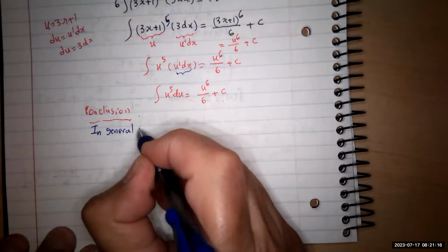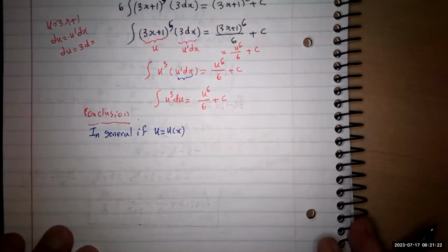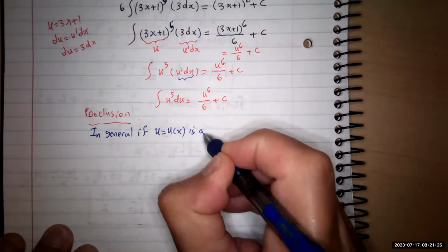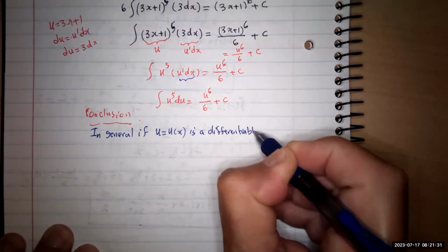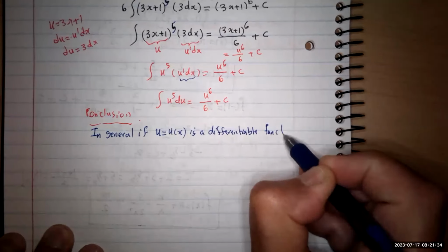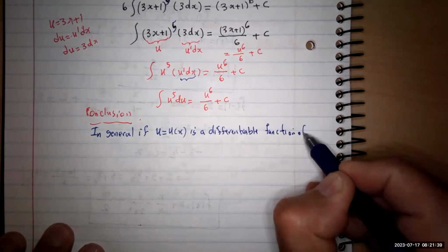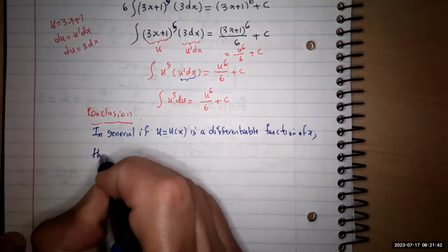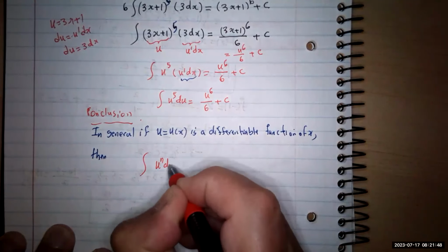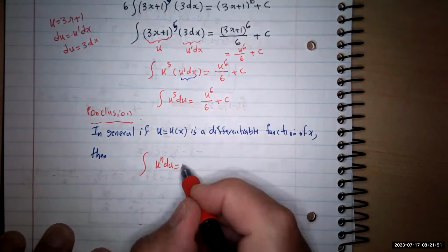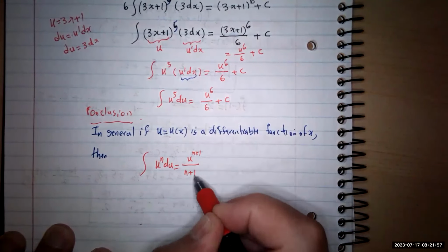In general, if u equals u of x, to emphasize that this is a function of x, a differentiable function, then we have the generalization of the formula: the integral of u to the n du is equal to u to the n plus 1 over n plus 1 plus the constant c.